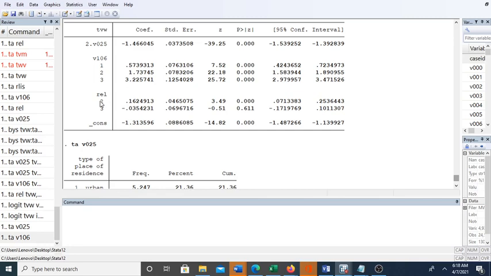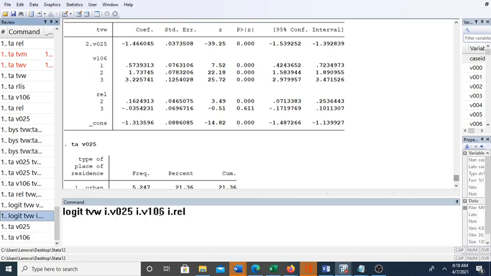Similarly, the Protestants had a slight increase in watching TV by a factor of 0.16 compared to the Catholics who were at 1. So this is how we can do it. But you can see for the Muslim, it is not significant at this point, because we use the P values to determine whether the value is significant or not.